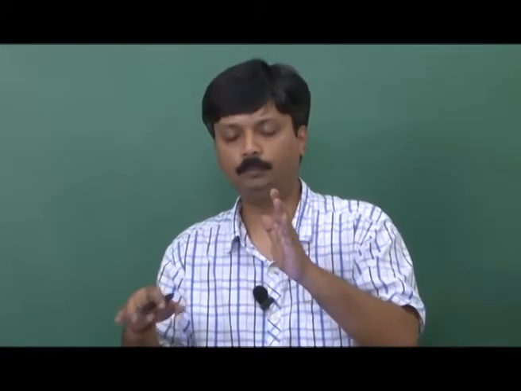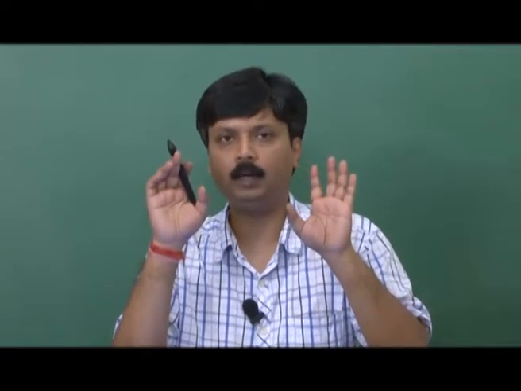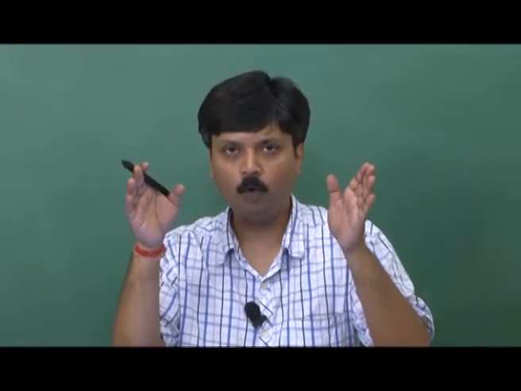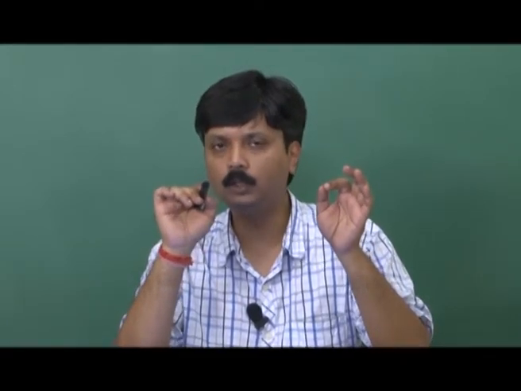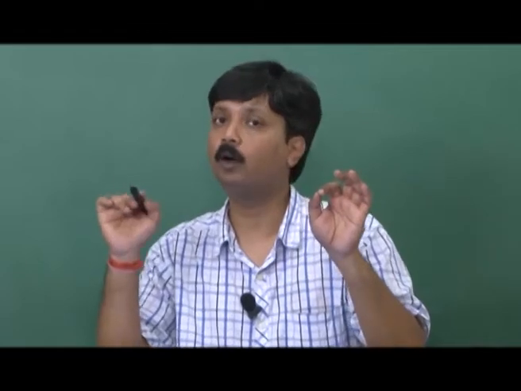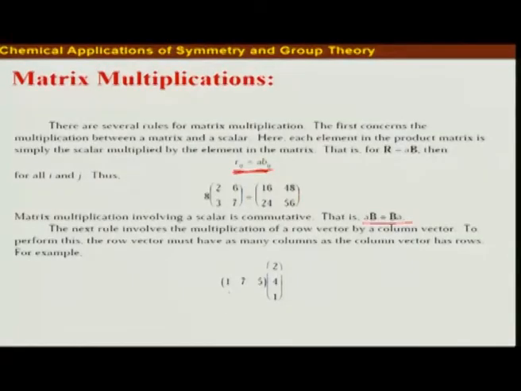This is called a row vector, and a column vector is where you have one column and n number of rows. You can have this multiplication only when the row vector has a number of columns equal to the number of rows that the column vector has. That is shown by an example here.